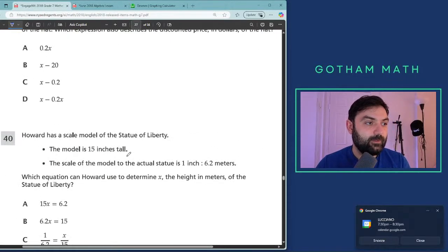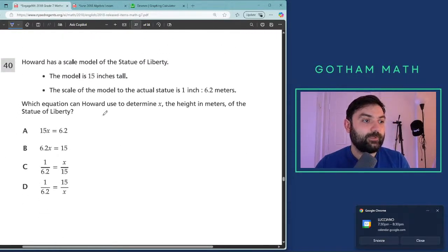40. Okay, let's see. Howard has a scale model of the Statue of Liberty. The model is 15 inches tall. The scale of the model is 1 inch to 6.2 meters of the actual statue. What equation can Howard use to determine x, the height in meters of the Statue of Liberty?